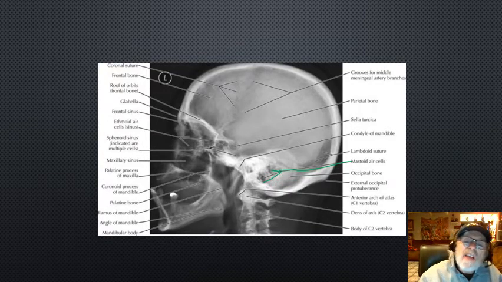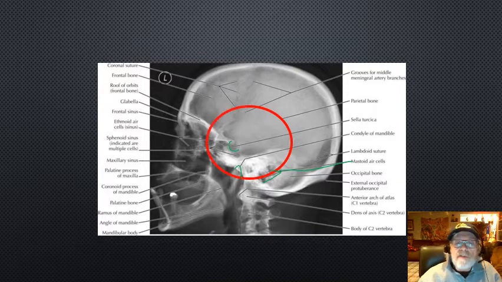Okay, here's the condyle of the mandible sitting right there. Oh, here's that sella turcica like we talked about before, the area where the pituitary gland sits in. You could read the rest of that, that's temporal bone, obviously. That shows where the temporal bone would be.